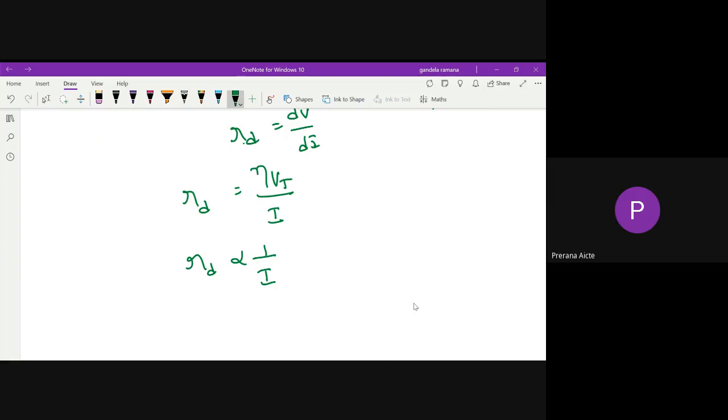Why we discuss this is, eta is constant, Vt is constant, so Rd depends inversely on the current. That's why we particularly specify this point.